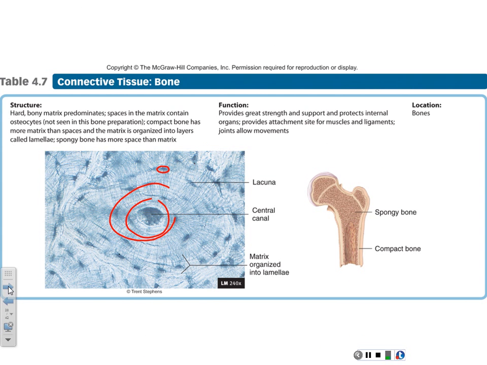Just like a steel beam, the tensile strength of bone is equal to the steel beam. It's that strong because of the orientation of it. This is compact bone, all right? And so you get the lacuna with the bone cells, the osteocytes, osteoblasts, and so forth, all located in those spaces, all right?